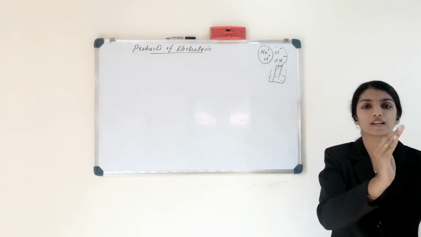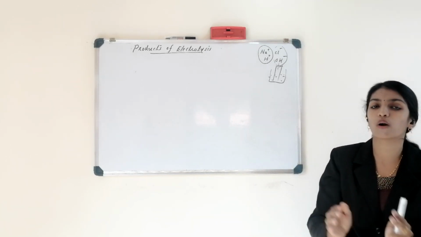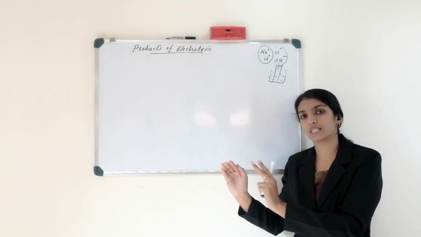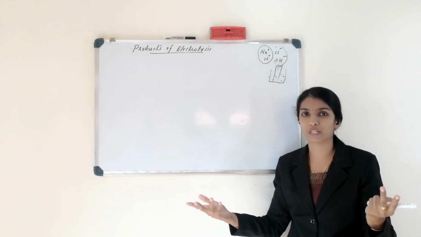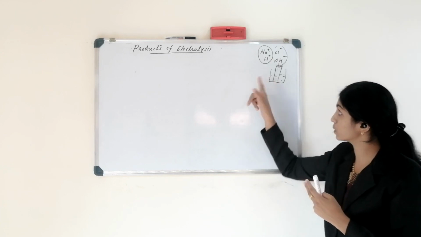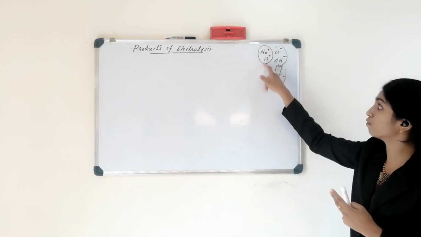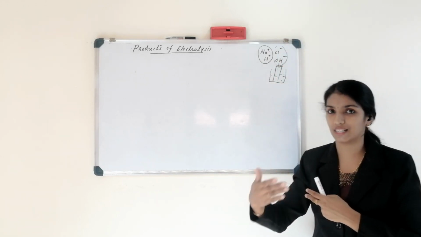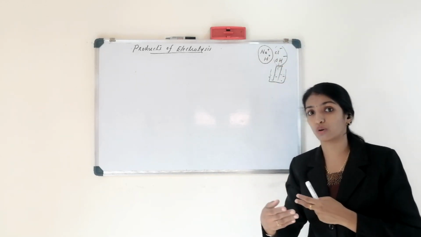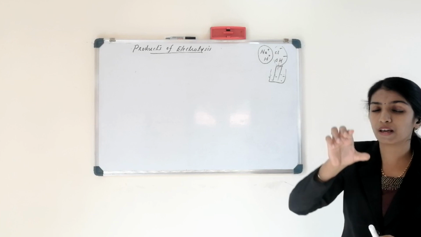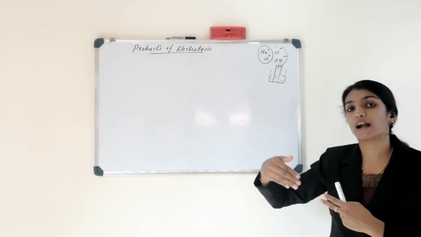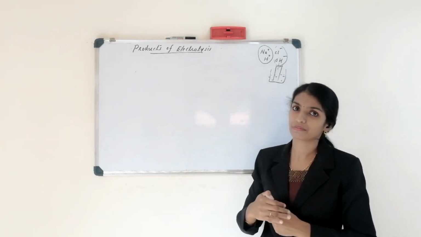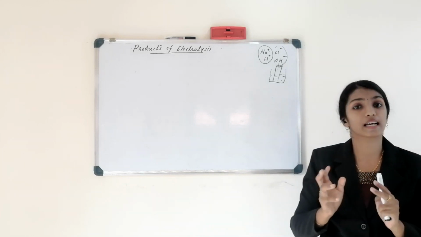Only one type of positively charged ion is there, Na plus, and only one type of negatively charged ion, Cl minus. There is no competition. But if we take an aqueous solution of sodium chloride, more than one type of positive and negative ions are there. In such cases, competition occurs. Only one will oxidize and only one will reduce, and that depends upon the reduction potential.